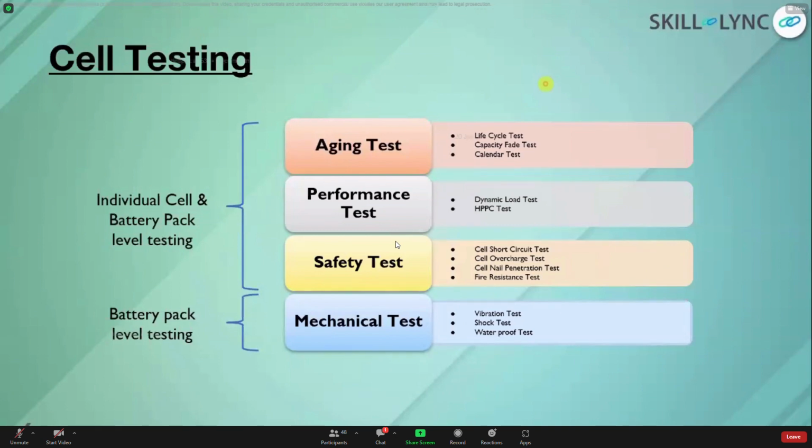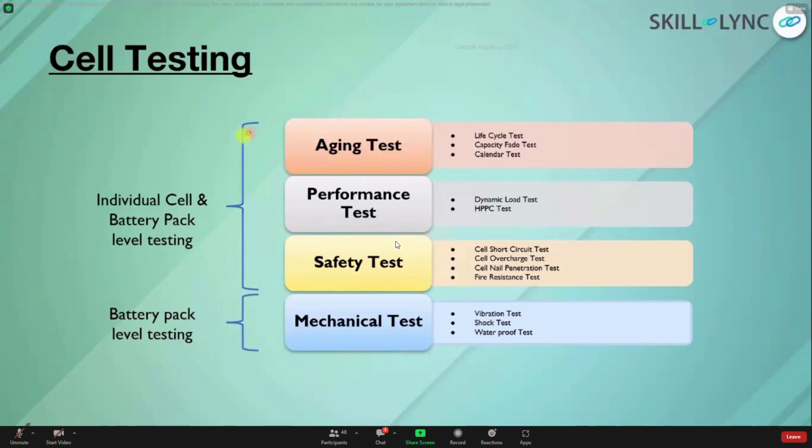We also have to understand at what level these tests are being done. Is it done as cell level testing or battery pack level testing? When I say cell level testing, it is nothing but individual cell testing. When I say battery pack testing, it is done with all the cells connected together and completed with a mechanical enclosure, and then testing it.